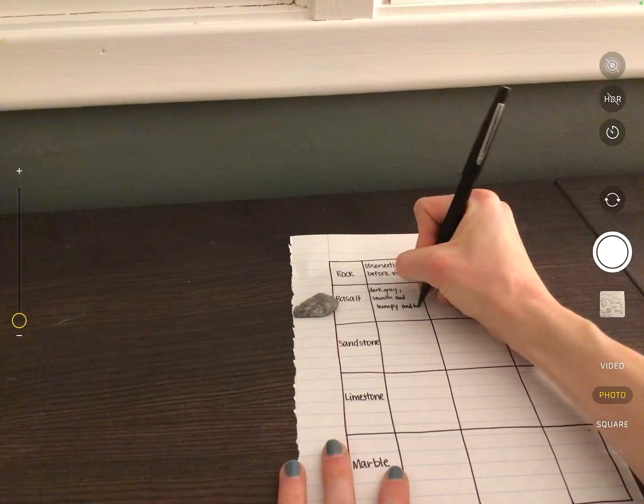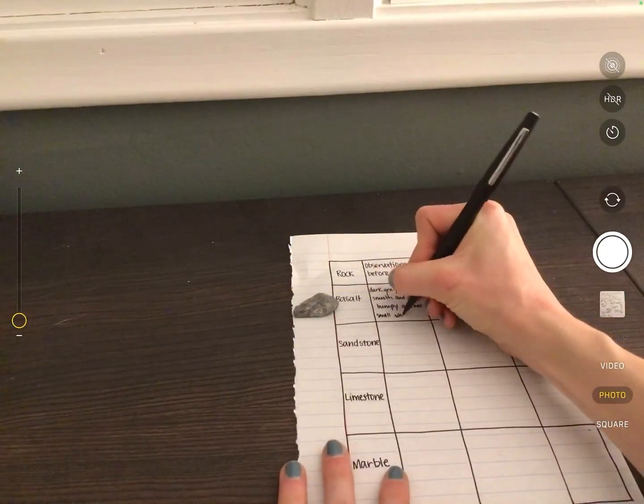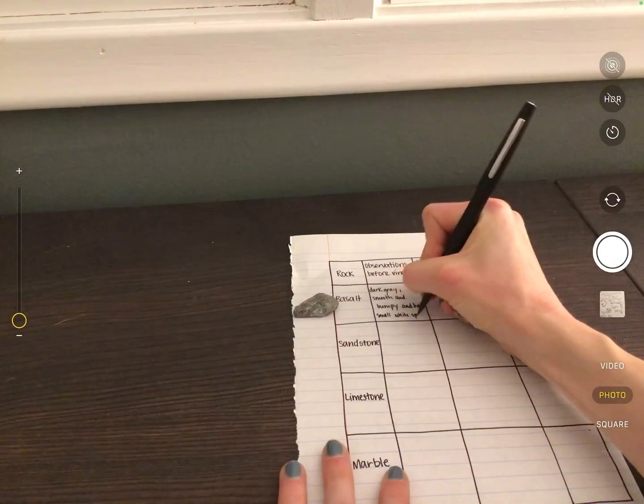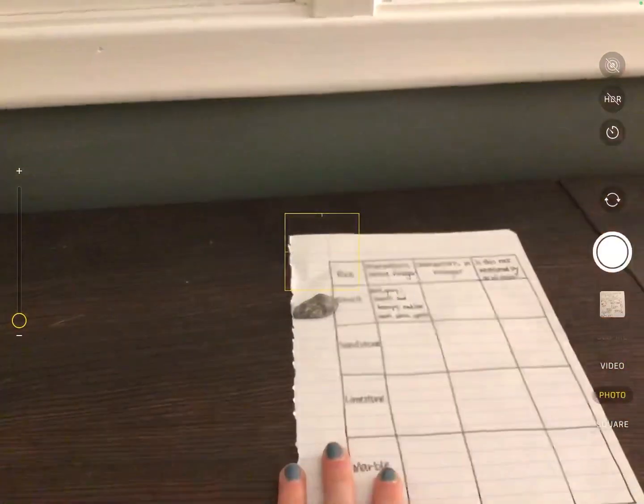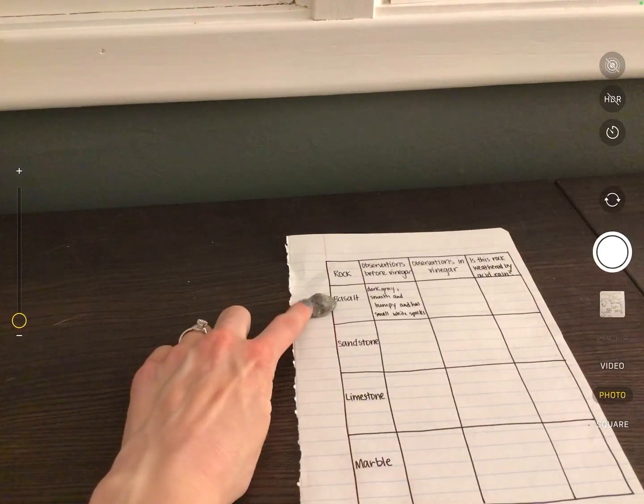And has small white specks. Those are the observations that I have made of this rock, basalt, before putting it in the acid rain, or the vinegar.